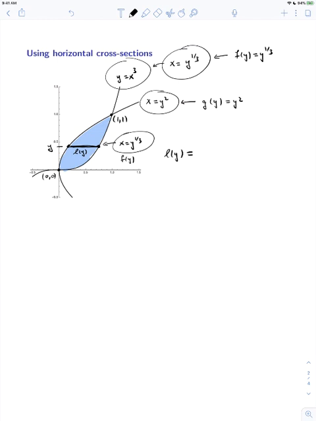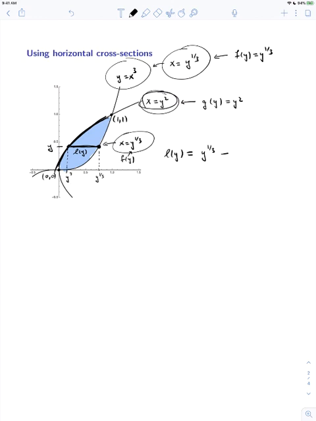F of y is y to the 1/3. So the largest value of x is when x is equal to y to the 1/3, minus the smallest value of x, which is right here. Now on this part of the region, the graph is x equals y squared. So for this given y, we know what x is.